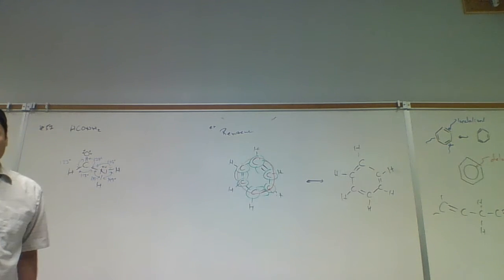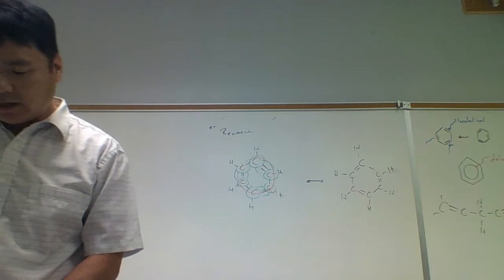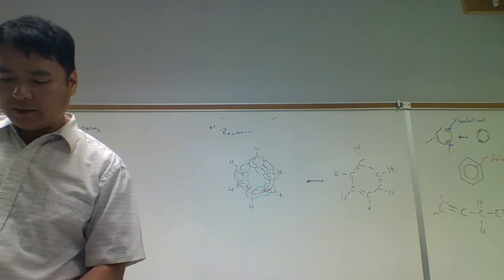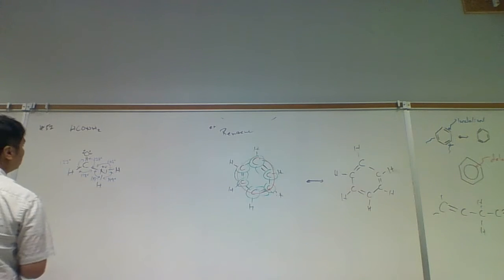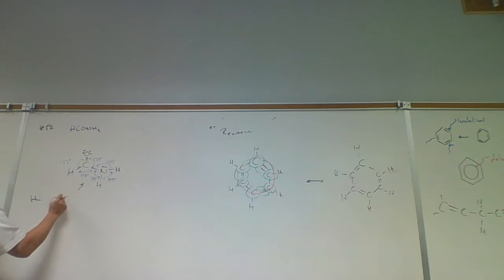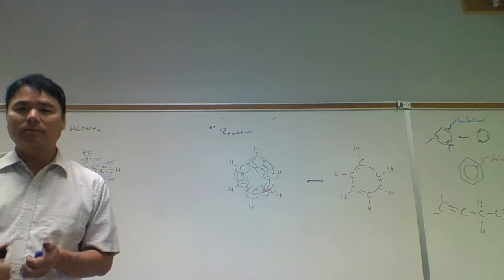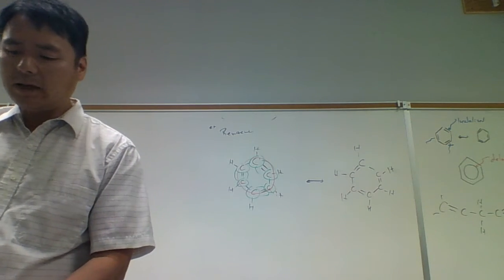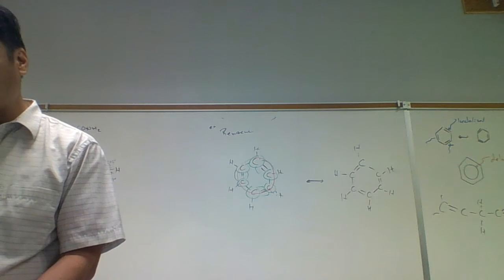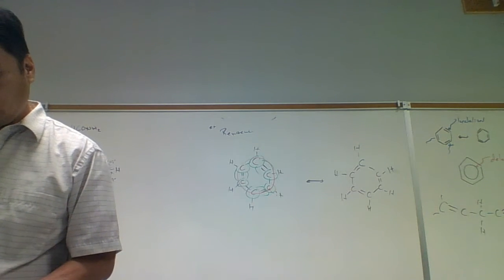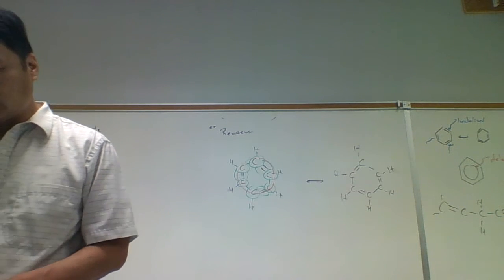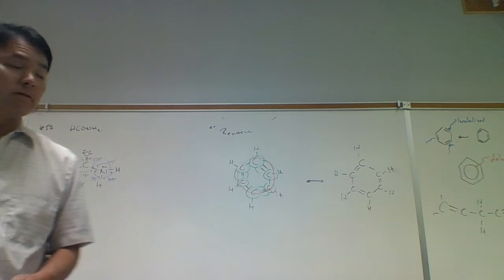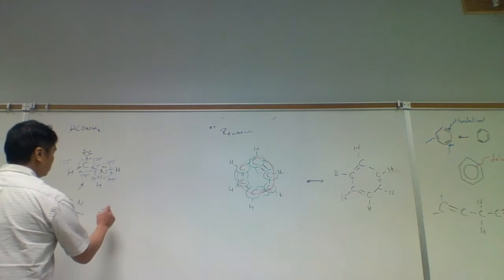Okay, then they give us one more bit of information. That is the CN bond length is 138 picometers. So the CN bond length is 138 picometers. What does that put us at? If we go back to chapter 10 and look at the bond length table, a carbon-nitrogen single bond is 147 picometers.